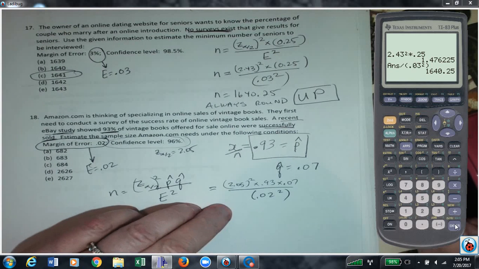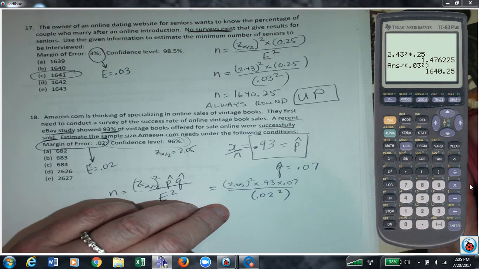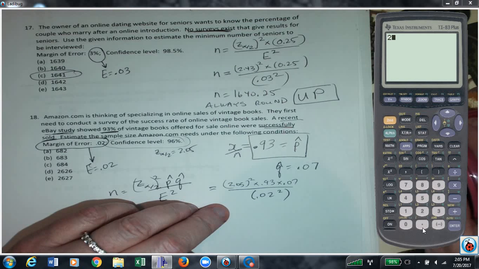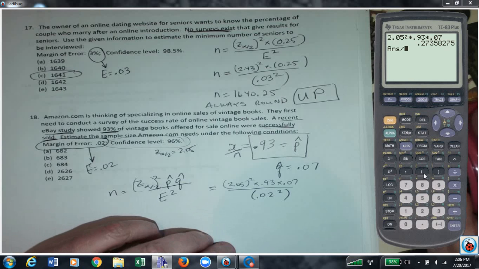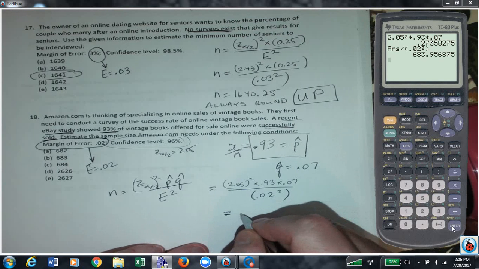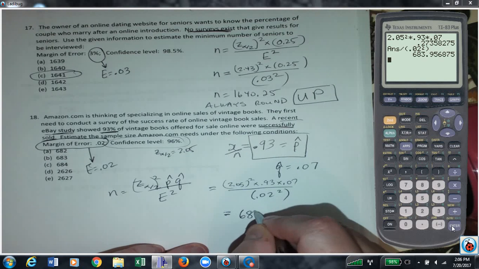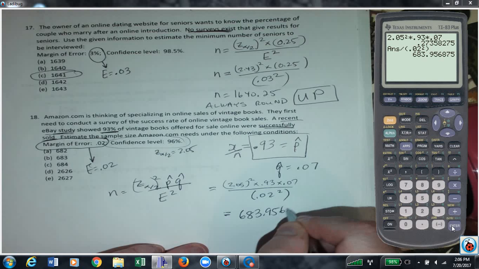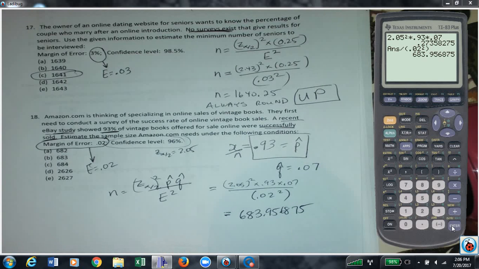So now I can do this in my calculator. Clear that. So I'm going to have 2.05 squared times 0.93 times 0.07. Then I'm going to press enter. That's my numerator, divided by 0.02 squared. So I get 683.956875.